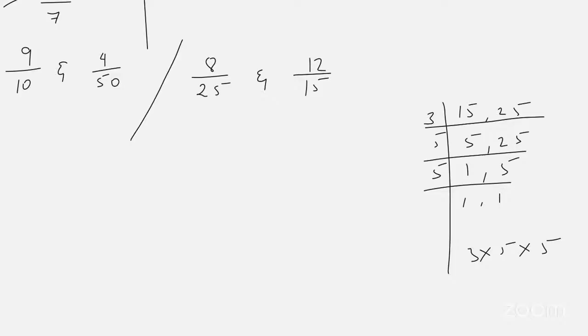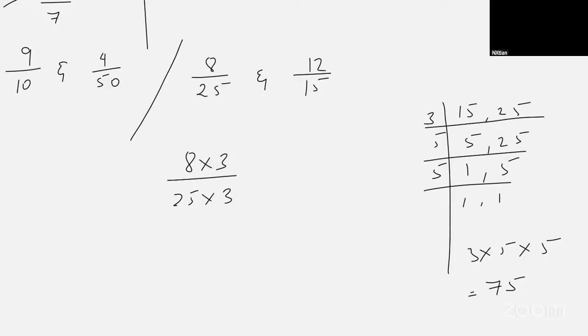Because the LCM that we'll get is 75. Now 75 divided by 25 is 3, so 8 into 3 upon 25 into 3. And 75 divided by 15 is 5, so 12 times 5 upon 15 times 5.